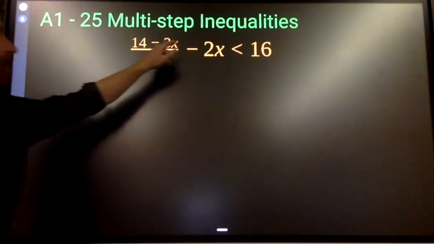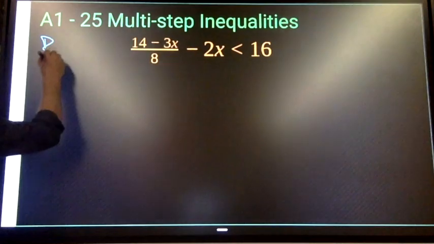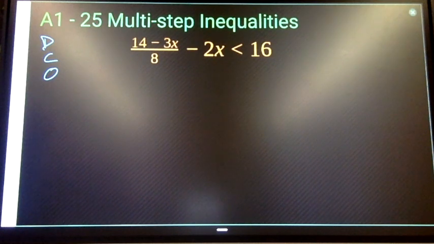All right? I got a variable in two spots, so what does that mean I'm going to have to do? Distribute, combine, then use opposites.